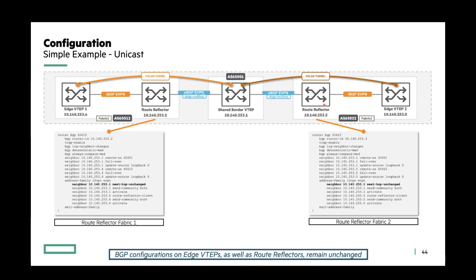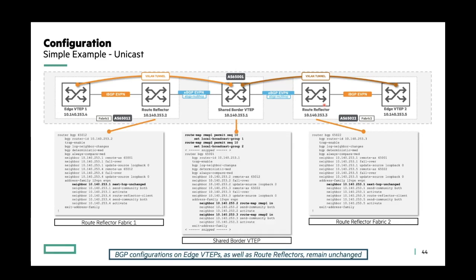The key thing here is the configuration that we have added on the shared border. We have added 2 route maps, one setting a local broadcast group to 1, and the other one setting a local broadcast group to 2. Once done, they have been applied to the BGP peering to each route reflector in each fabric.